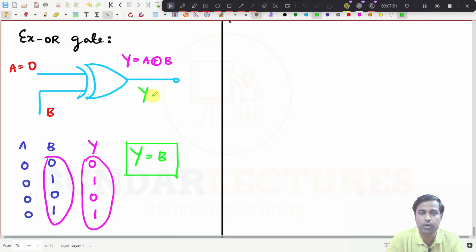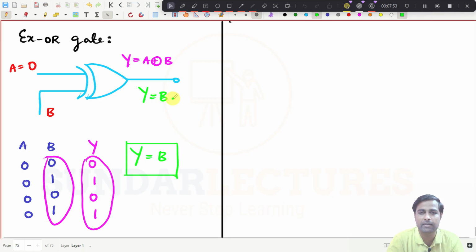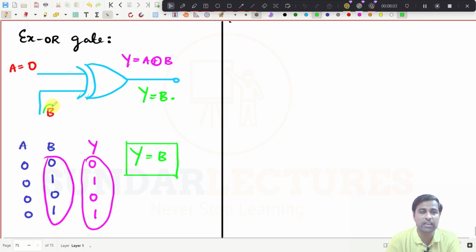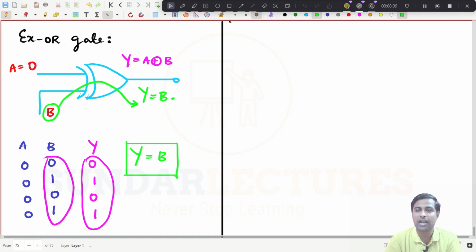So the output will be B. What is the whole idea here? If you set one pin of an XOR gate to default 0, then whatever you give on the other pin will be passed through the gate to the output. That is the whole idea.